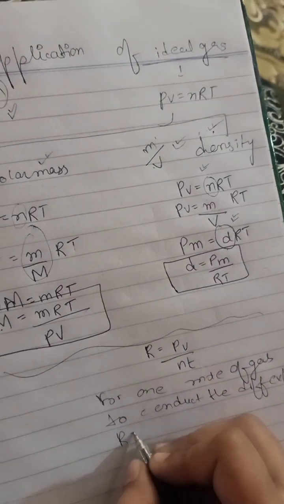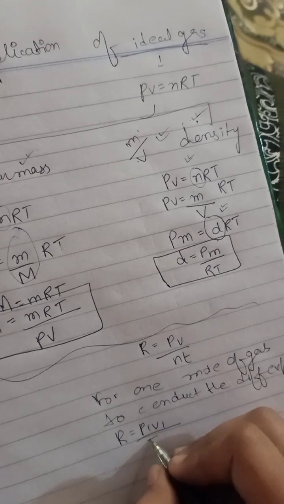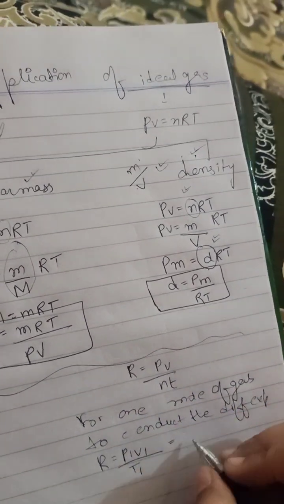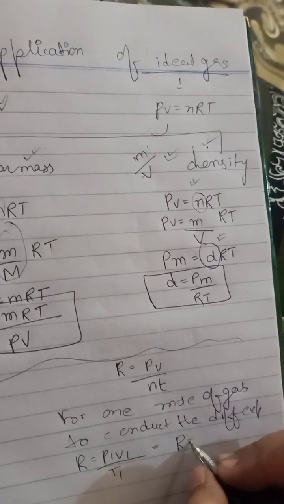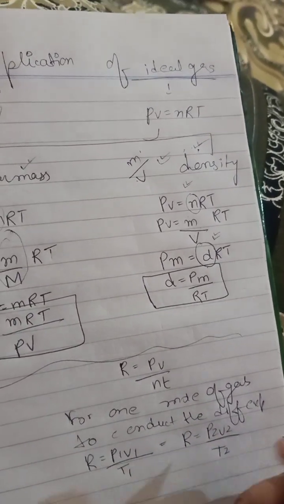Here R is equal to P1 V1 upon T1 for the number 1 experiment. And if we do a second experiment, we can write P2 V2 upon T2.